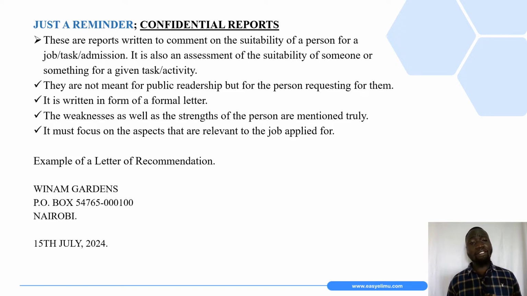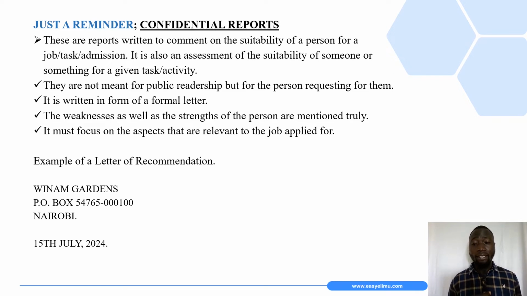Another thing is that it is written in the form of a formal letter. Both letters of recommendation and confidential reports or reference letters are written in the form of a formal letter, so they take the form of business letters. The weaknesses as well as the strengths of the person are mentioned truly.